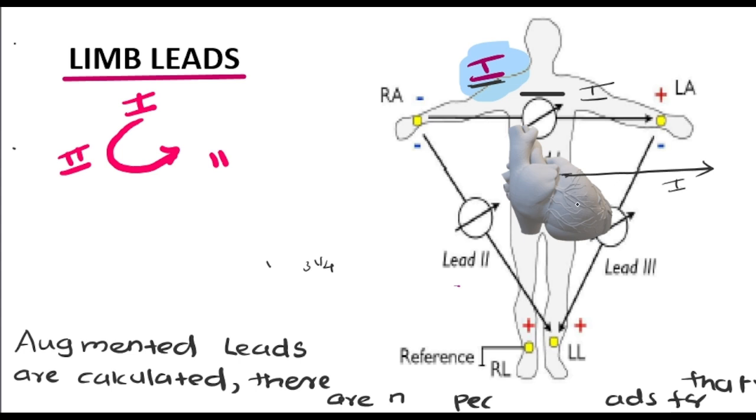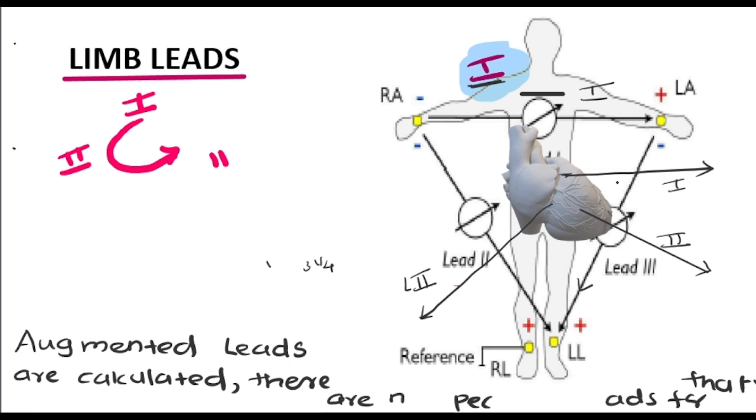Where is lead 2 going? Lead 2 is going towards left side. So this is lead 2. And lead 3, which direction is it going? Lead 3 is going towards right direction. So this is lead 3. Do you understand?